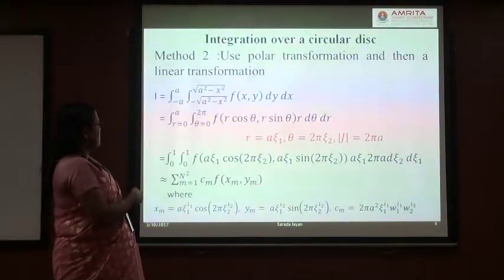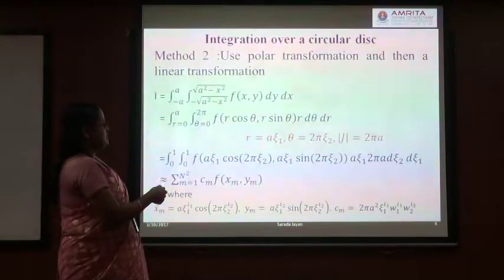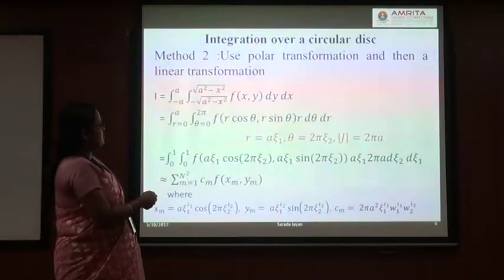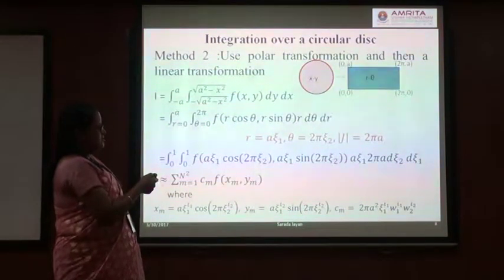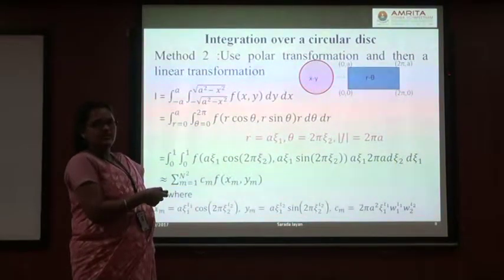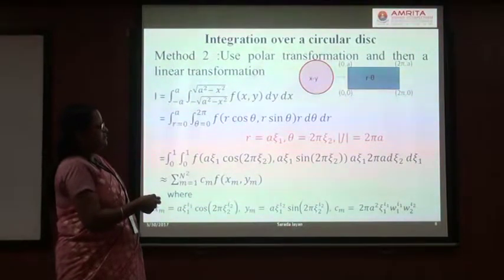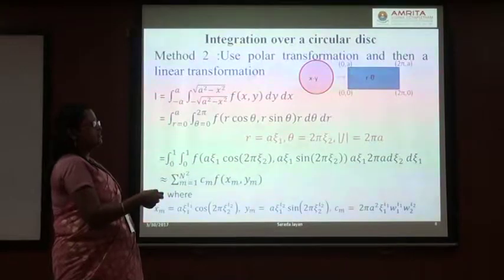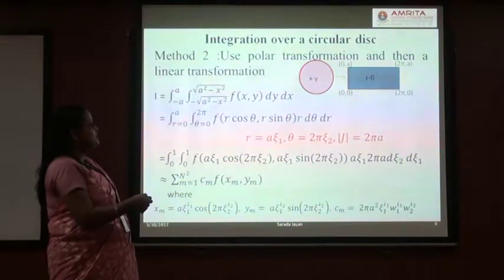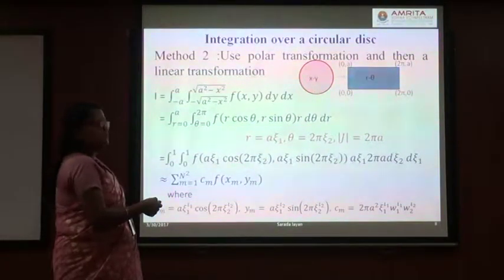The polar transformation is x equals r cos theta, y equals r sin theta, so that the domain of integration is transformed from the circular disc to a rectangle in the r theta plane, with length 2 pi and breadth a. The integration gets transformed accordingly, where the Jacobian of the polar transformation is r.